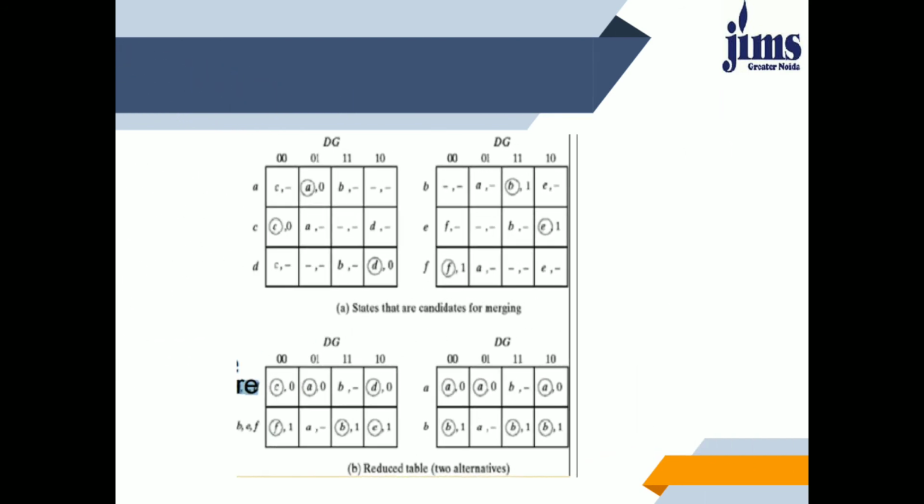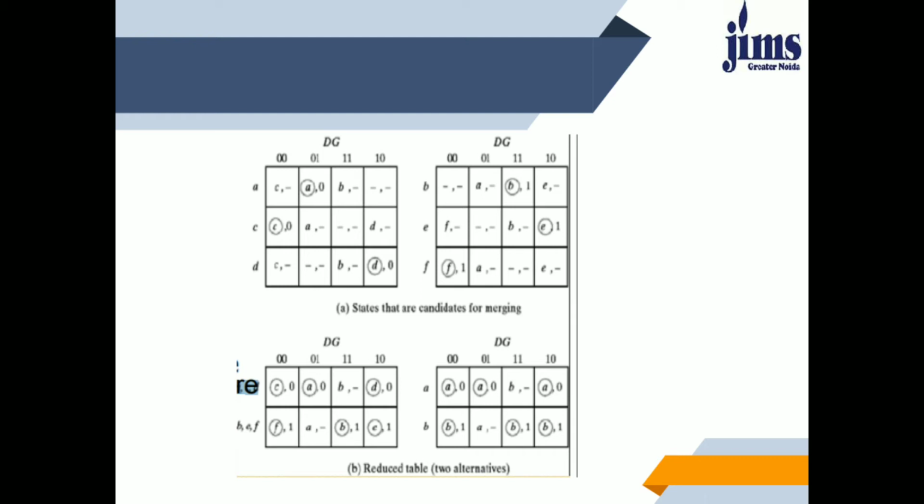Here are the states. We are separating the whole primitive flow table into two parts. A, C, D are separated into one part and B, E, F into another. A, C, D are the stable conditions for merging. How are we defining these?